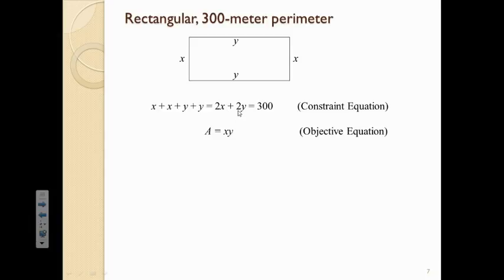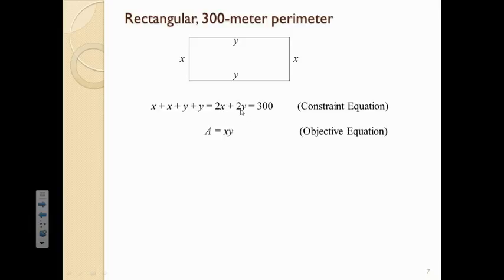This is the substitution method. Of course, there's other ways. We solve the one equation for x or for y, and then if we solve for x, that puts x in terms of y.